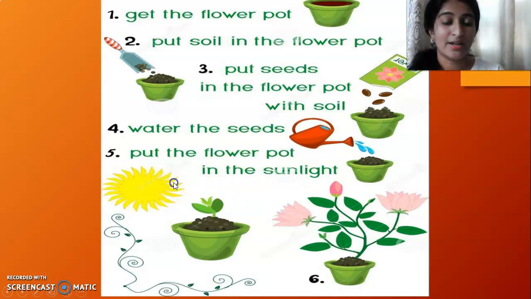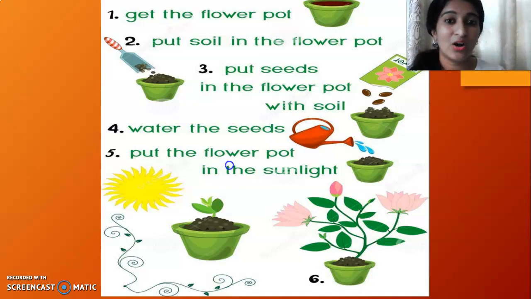As I told you, plants need sunlight, plants need water, plants need soil, right? So put the flower pot in the sunlight, and watch day to day what is happening to the seeds. You can see the seeds are slowly germinating, right?